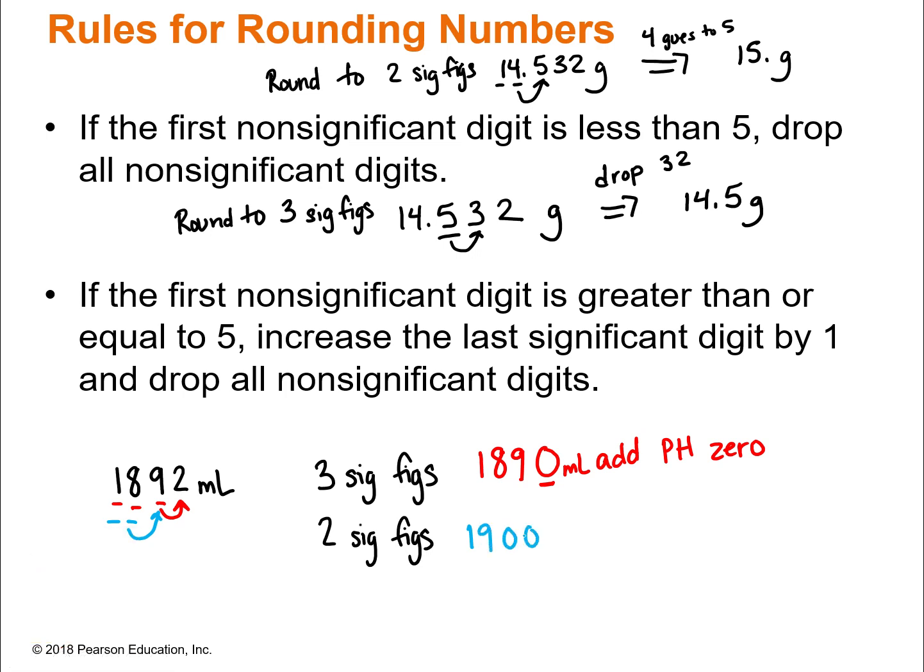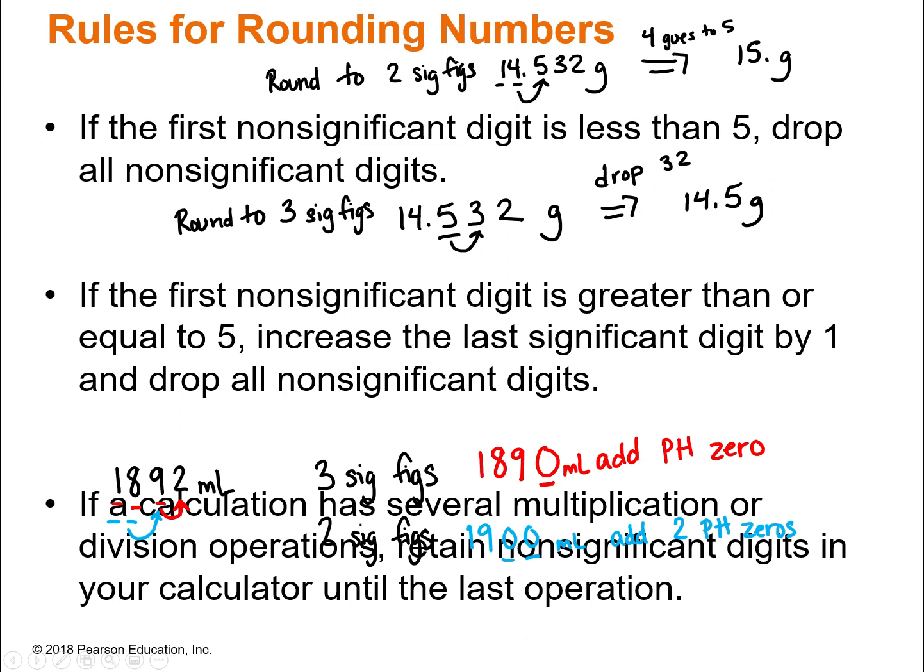And we add 2 placeholder zeros. Because again, 19 versus 1900, very different. Again, we'll practice. The placeholder zeros really will try to come for you though. Don't let them.